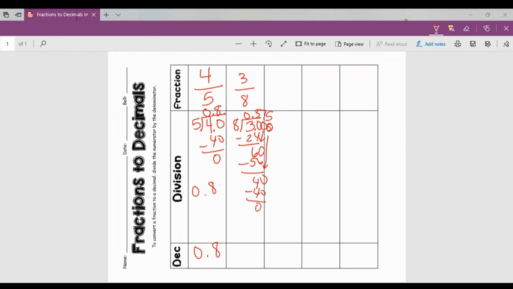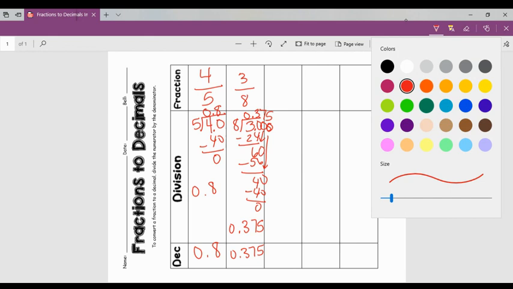So we end up with 0.375 as our answer, or 375 thousandths.